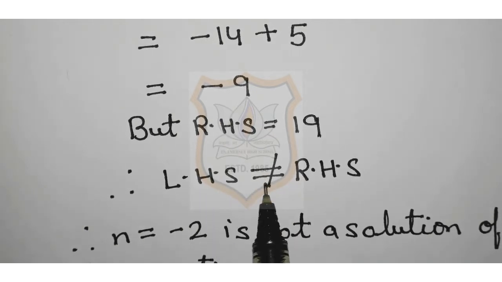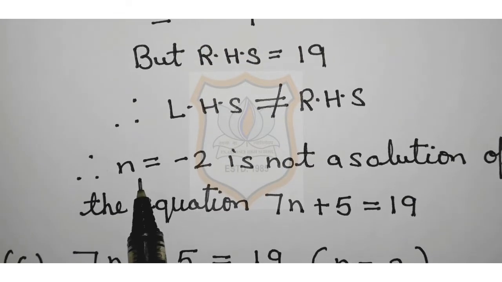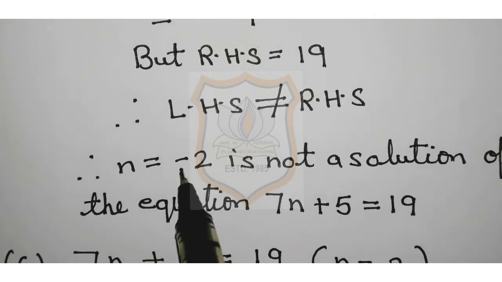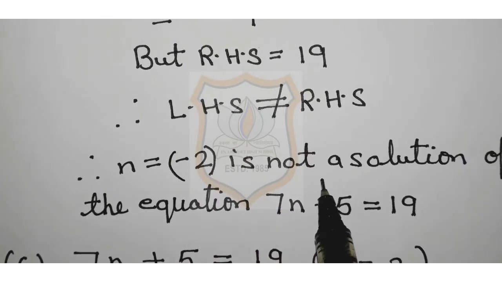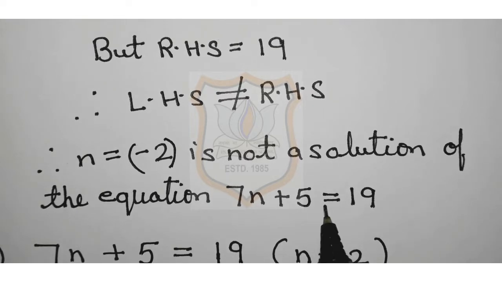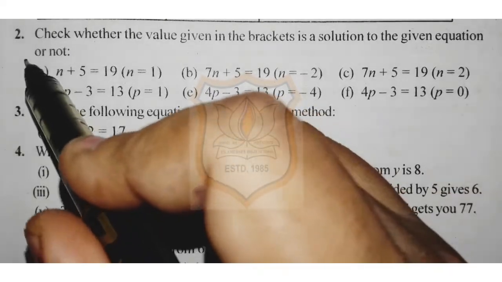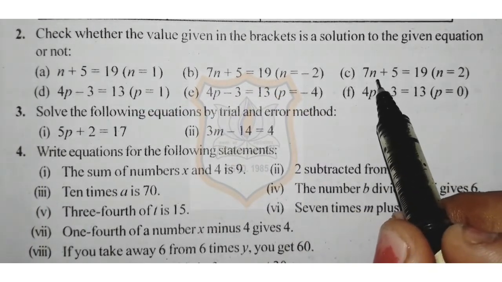Therefore, LHS is not equal to RHS. Therefore, we will write n is equal to minus 2 is not a solution of the equation 7n plus 5 is equal to 19.